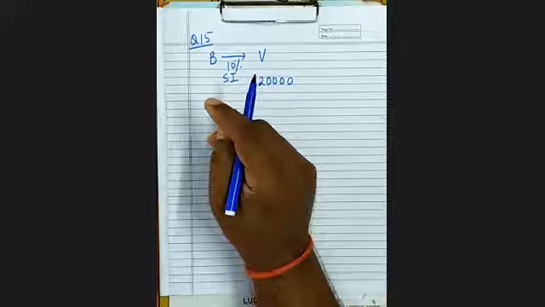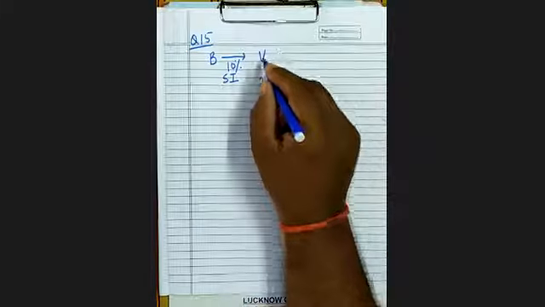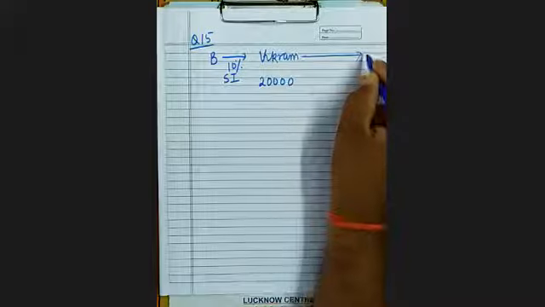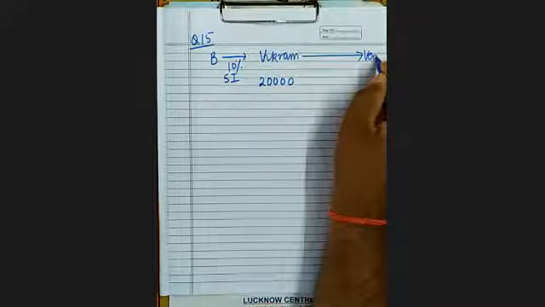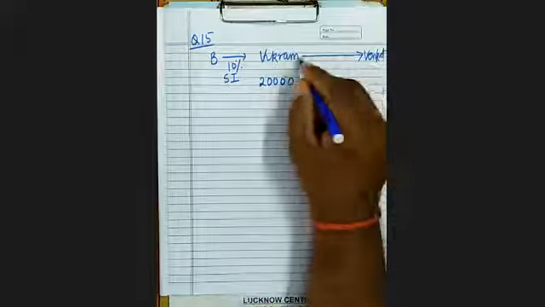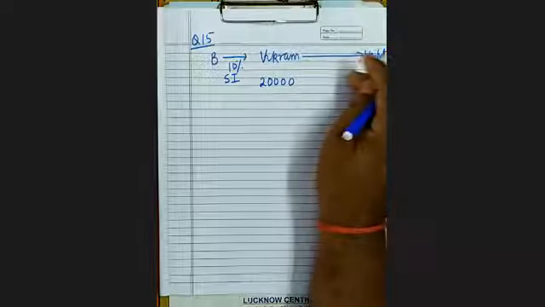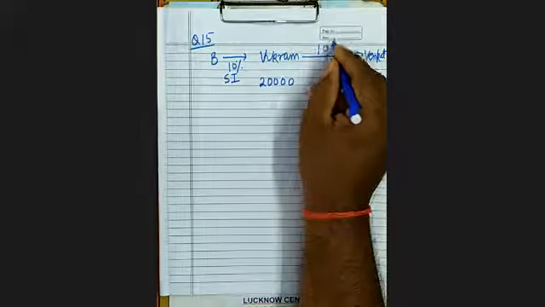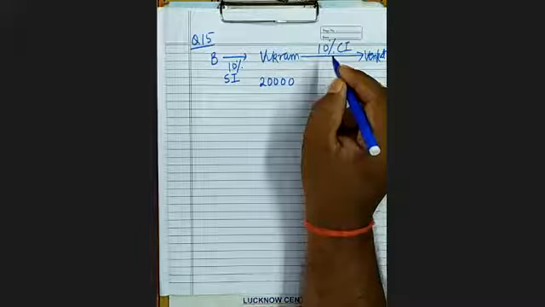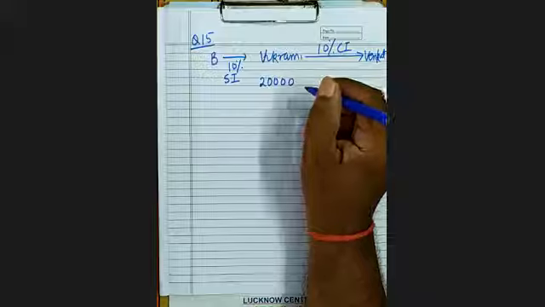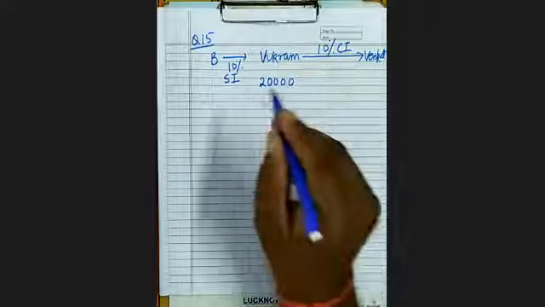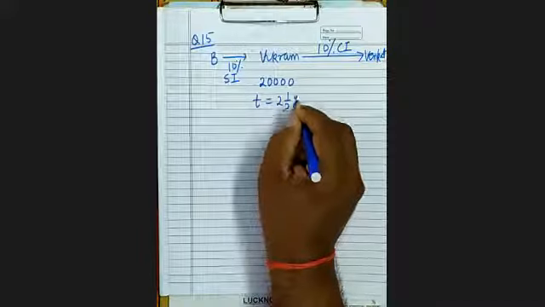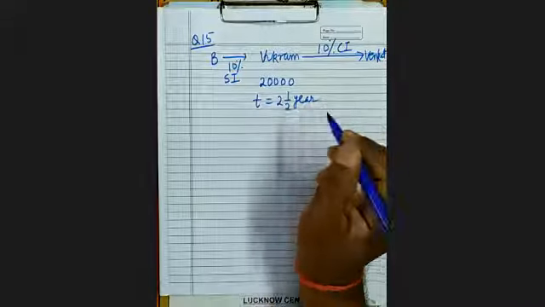He lent it to his friend Venkat. Vikram is giving this money to his friend Venkat. He lent this money to his friend Venkat at the same rate, but 10% CI. What is the time? Time is for the same time, 2 whole 1 upon 2 years.